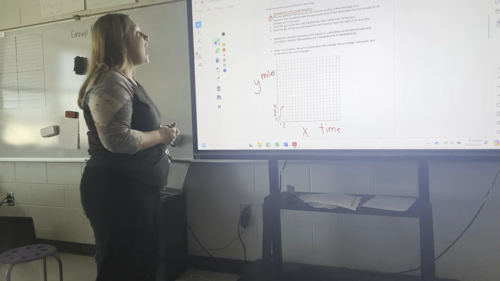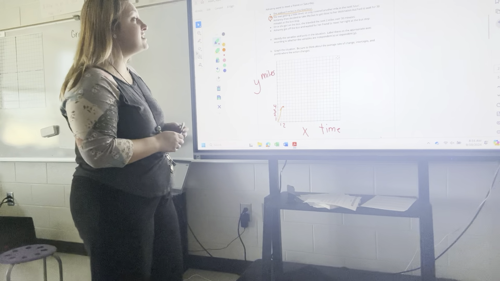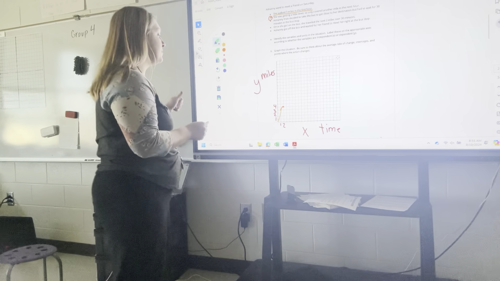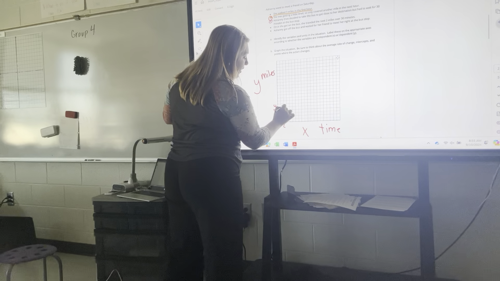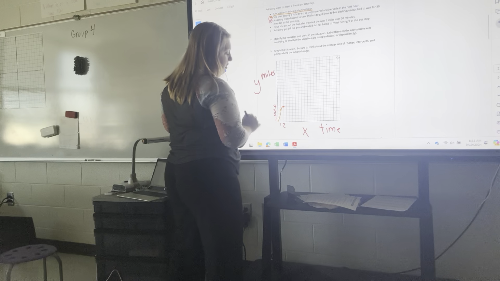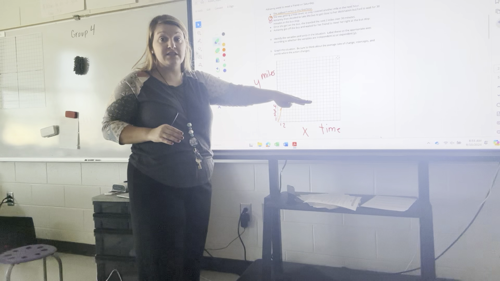Now it says, Adriani then decided to take the bus to get close to her destination, but had to wait for 30 minutes at the bus stop. So for 30 minutes, we're going to put her at this exact same place. So it's going to be that flat slope. Remember we talked about how sometimes they have flat slopes?